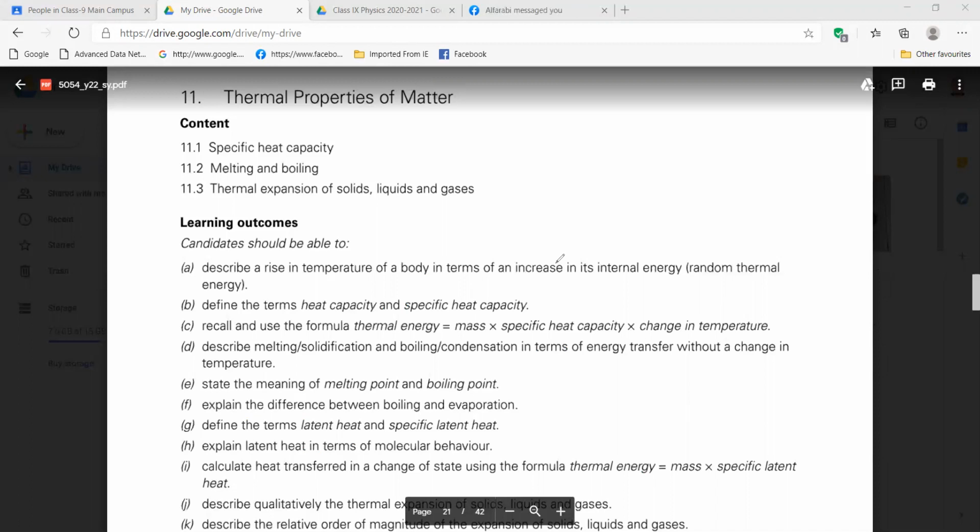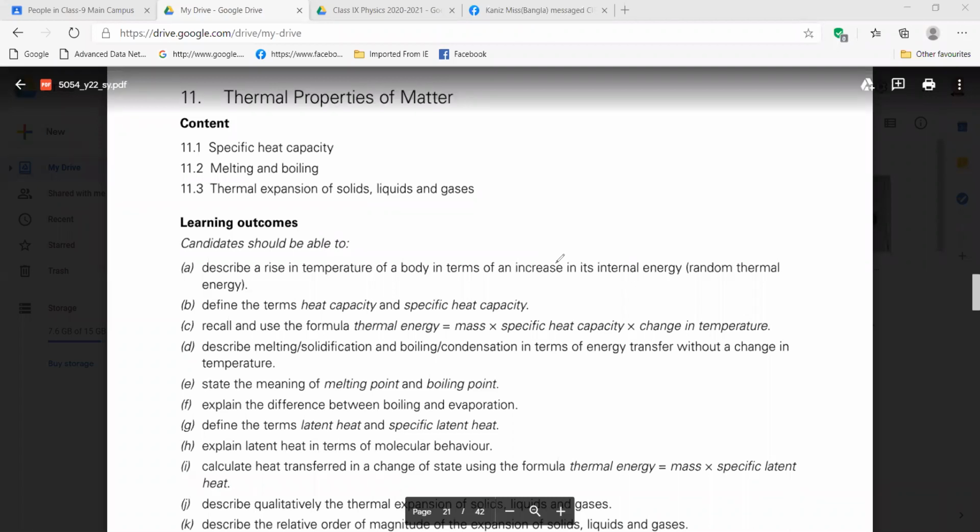Up to B we have done. No, we have done C also: recall and use the formula thermal energy = mass × specific heat capacity × temperature change. So this one also we are done, right?